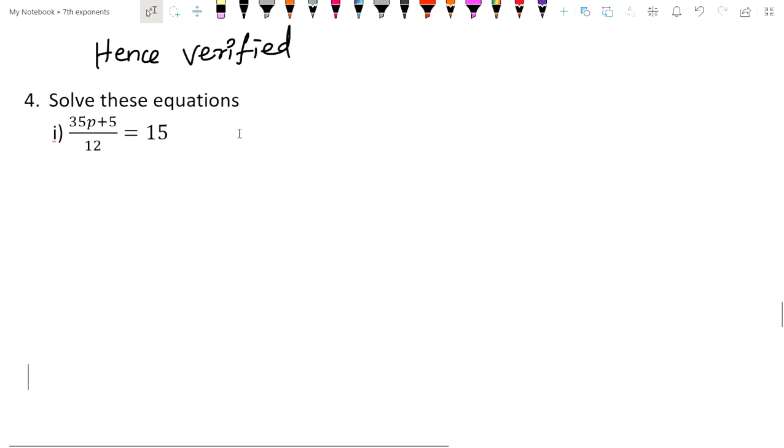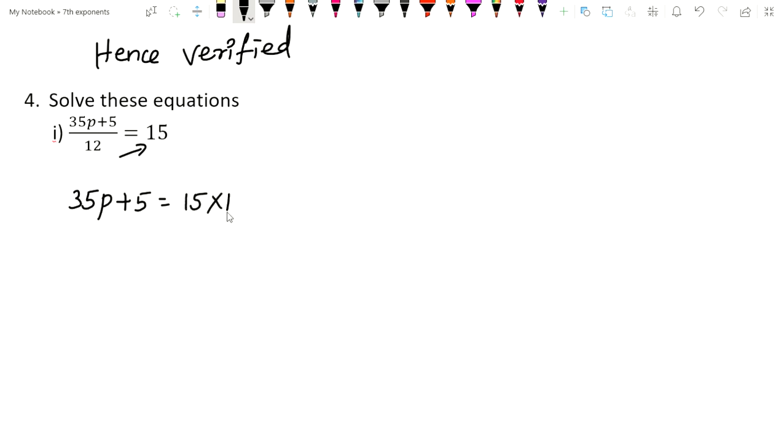Solve these equations. 35p plus 5 divided by 12 equal to 15. Okay, first 35p plus 5 equal to, cross multiply this 15 into 12.